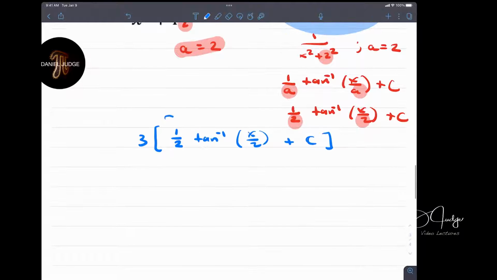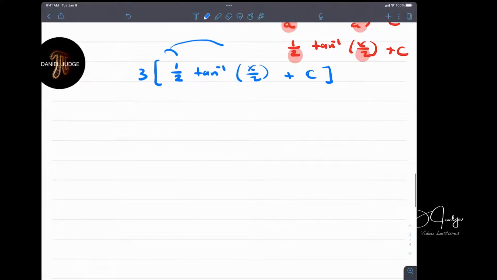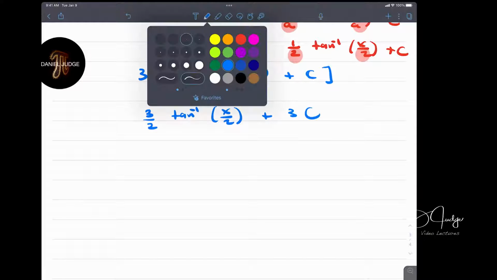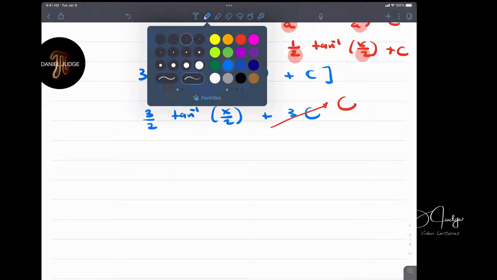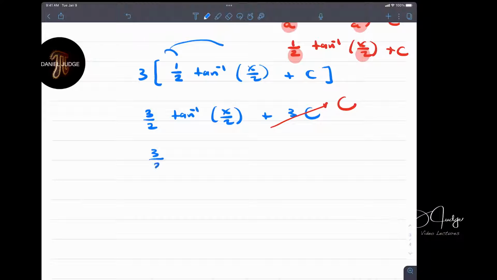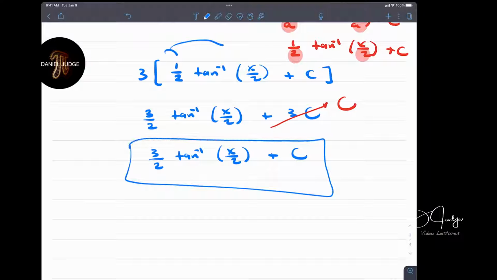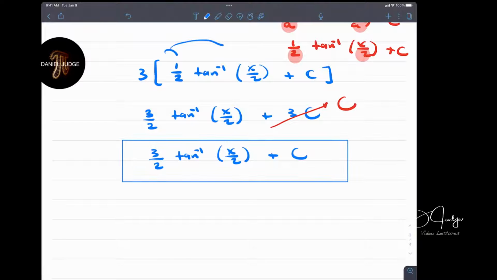So we want to distribute this. So we have 3/2 inverse tangent x over 2 plus 3c. Here's your constant. And there you go.